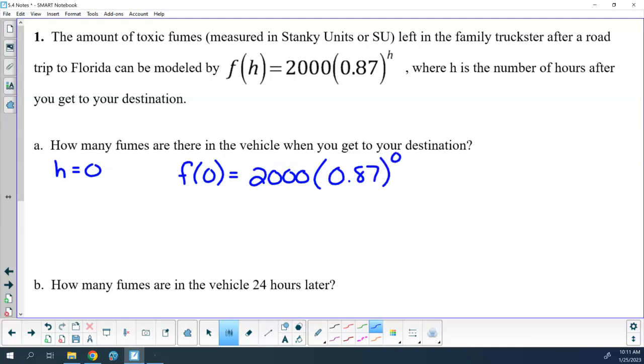Anything to the 0 power is 1. Okay? So 2,000 times 1 is 2,000. So there are 2,000 Stanky units in the family truckster.